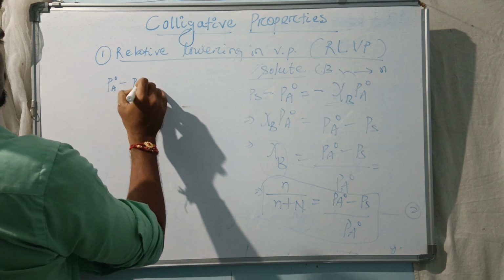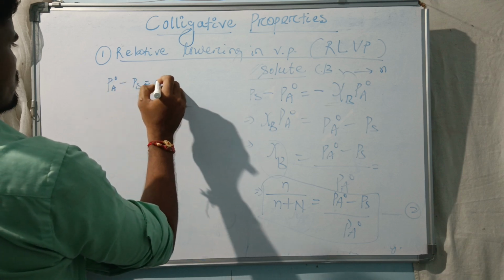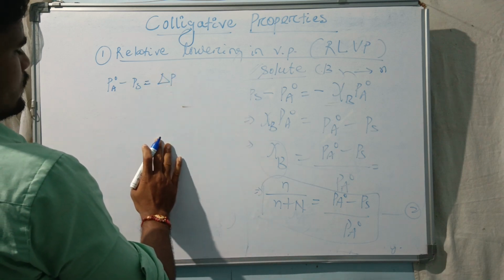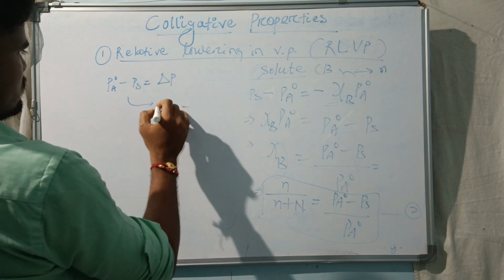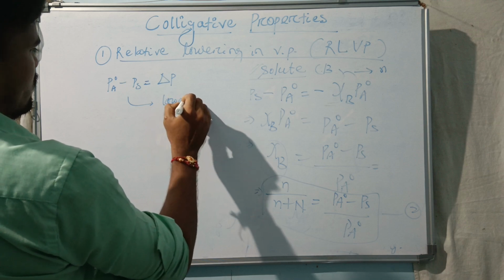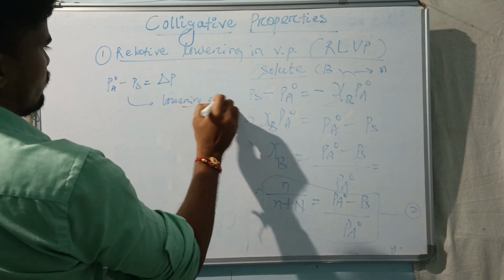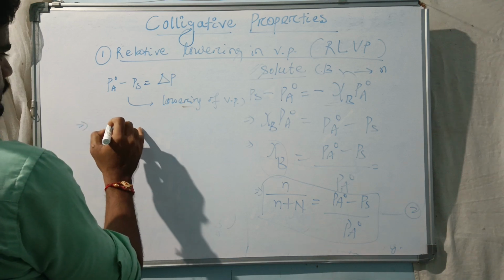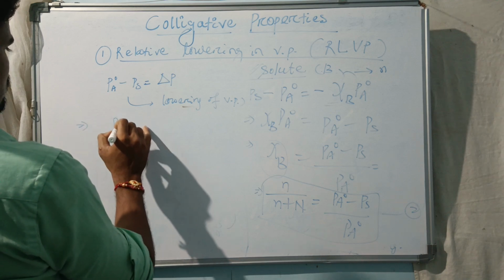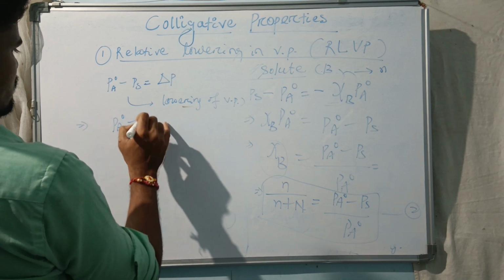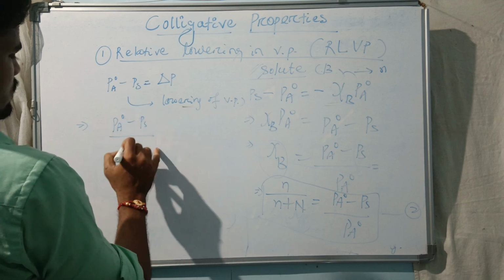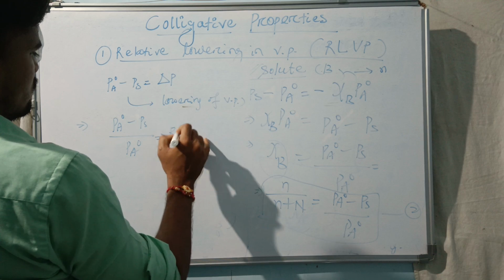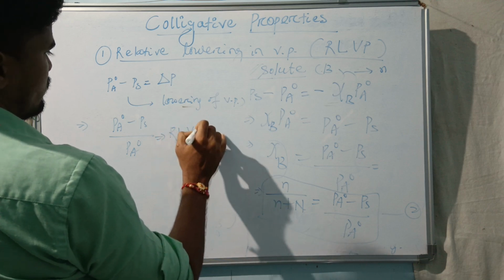PA naught minus PS is equal to delta P, and this is called the lowering of vapor pressure. Again, PA naught minus PS divided by PA naught is the relative lowering in vapor pressure.